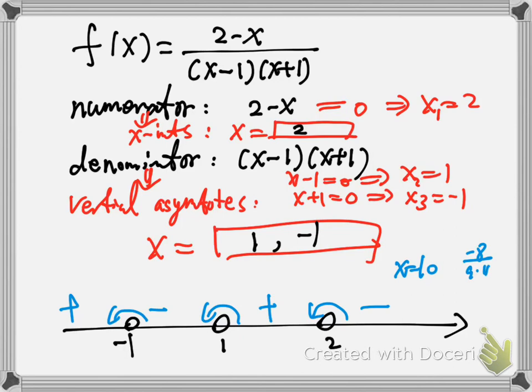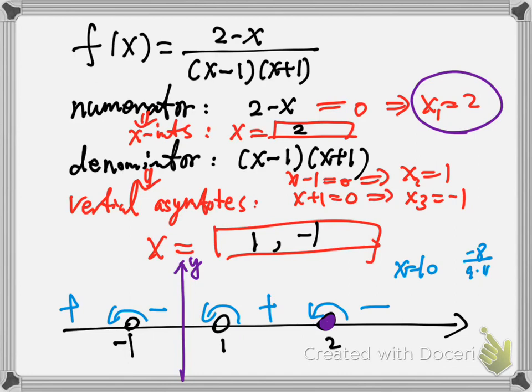Okay, so now where is the y-axis? So let's use the purple color, right? Y-axis is between -1 and 1. This is the y-axis. So x1 is y-intercept. So that means the graph will pass this number 2.